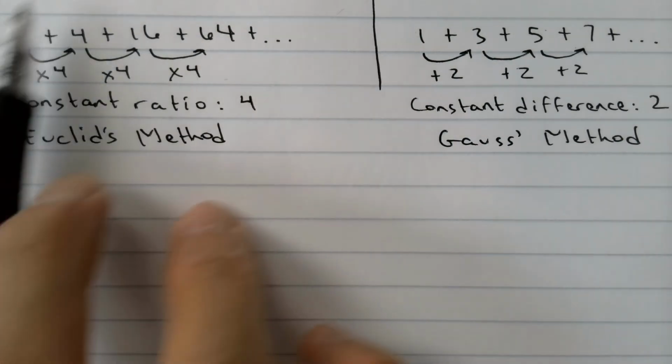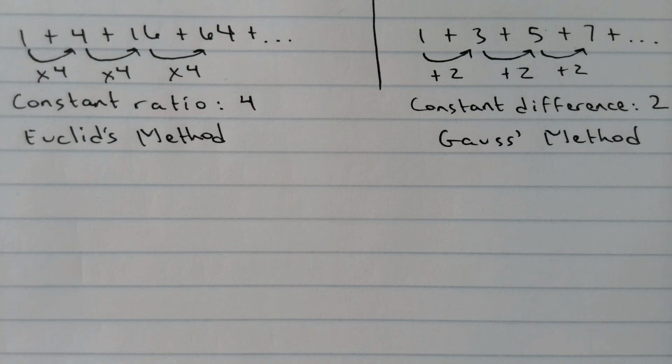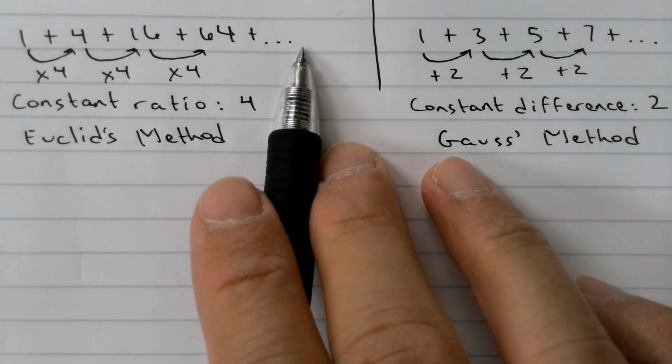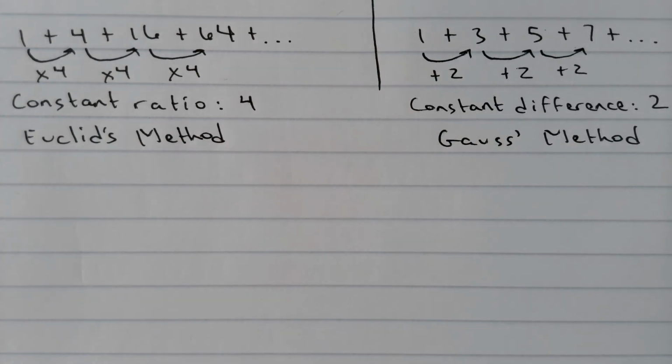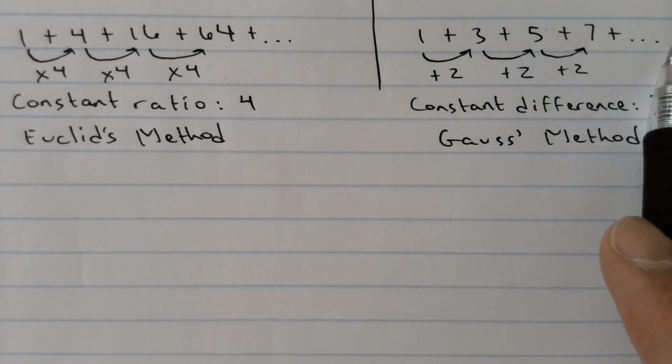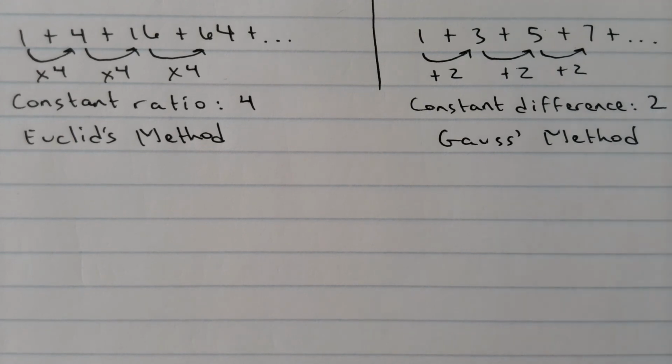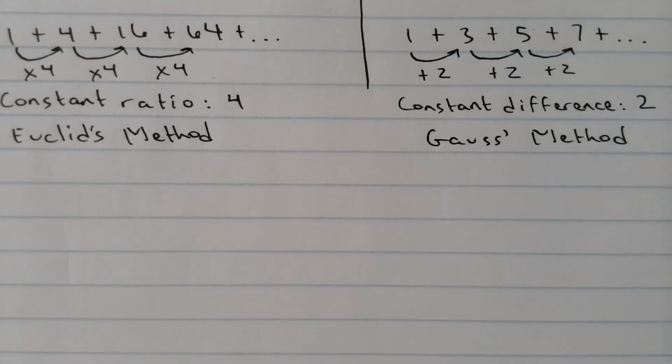Right? No matter what happens here, I'd have to add them up to get a value somehow. Currently, I could put a plus another number, a later number, and I could use Euclid's method to get the answer to it. And the same thing over here. I could put a plus another number, and so that you would see that I could use Gauss's method to find the answer.